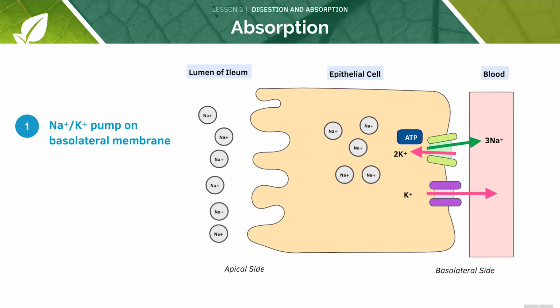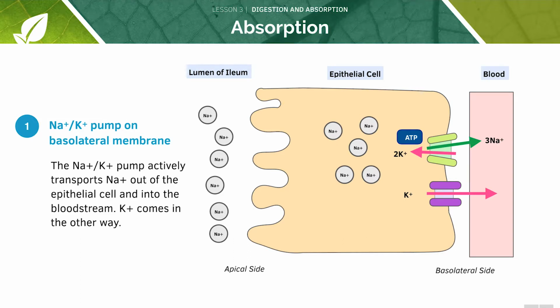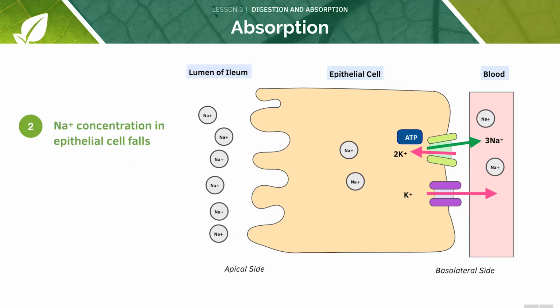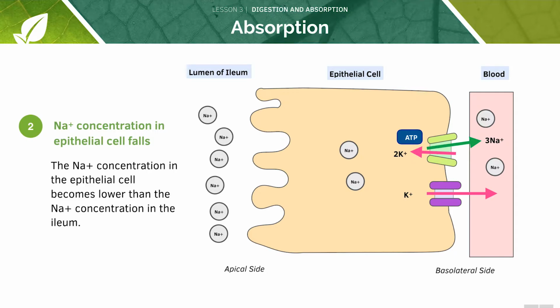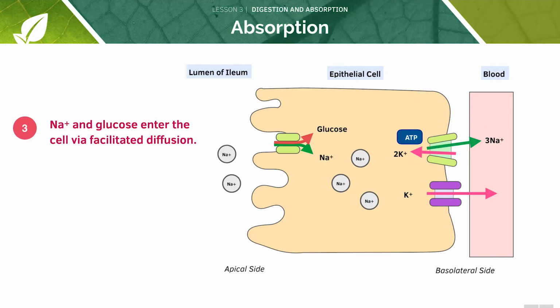Let's quickly recap what we learnt in a previous video. There is a sodium-potassium pump on the basolateral membrane. This will actively transport the sodium ions out of the epithelial cell and into the bloodstream. Next, the sodium concentration in the epithelial cell will fall, compared to the ileum.